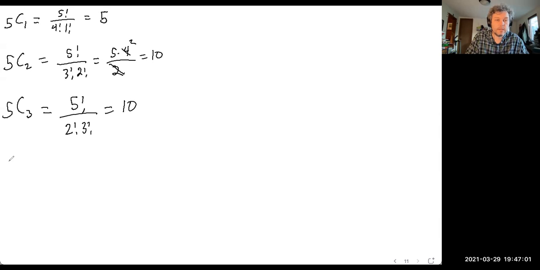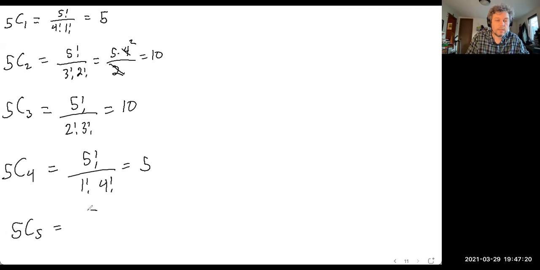So that's what I'm talking about. There's symmetry with these. 5 choose 4: how many ways can we do that? 5 factorial, 5 minus 4 is 1, over 4 factorial. So we get 5. That's the same as this 5. 5 choose 5 is 5 factorial over 0 factorial, 5 factorial. 0 factorial is defined to be 1, as we did before.